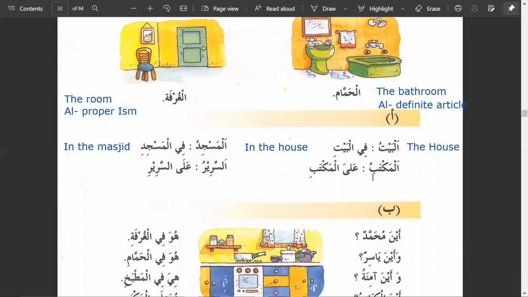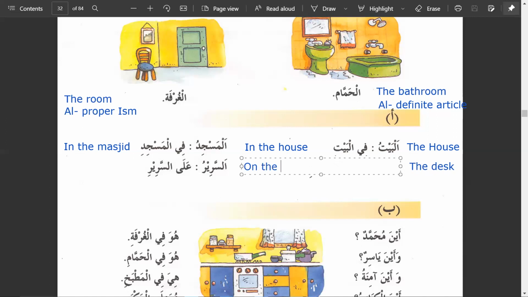So, al-maktabu. It can be office, or it can be the desk. Ala means on, upon. Ala al-maktabi: on the desk. Excellent.